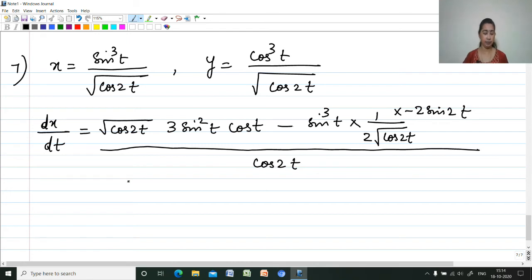So simplifying this, here 2 getting cancelled from the numerator and denominator, then root of cos 2t we can cross multiply to this side.